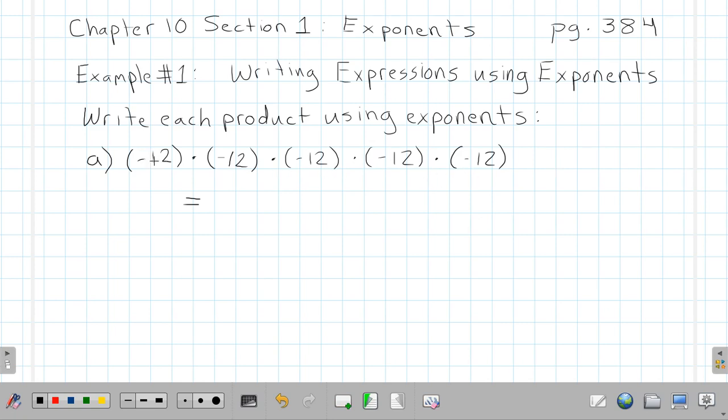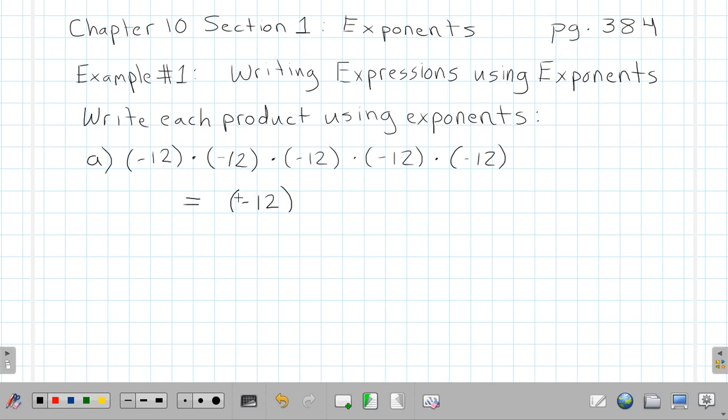Another way to ask that question is, what is the base? What is the repeated factor that we're dealing with here? In this case, the repeated factor is actually negative 12. So we start off with writing the number or variable, as we'll see in the next example, that is repeating.